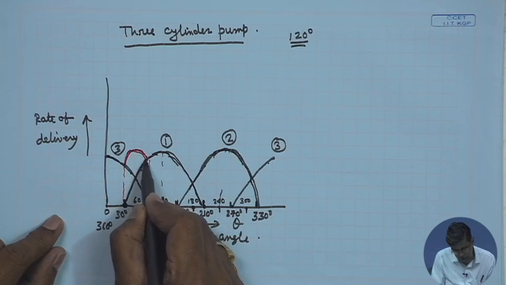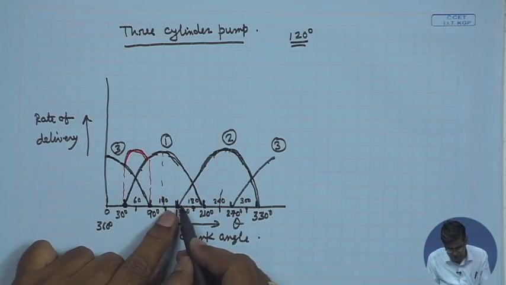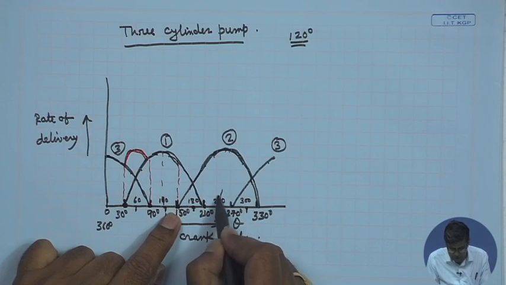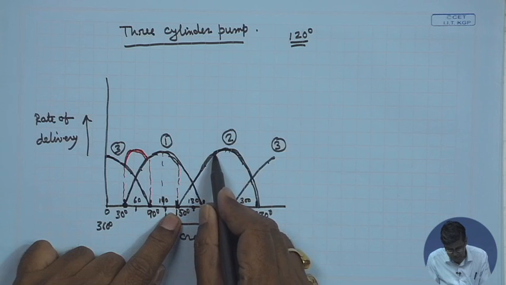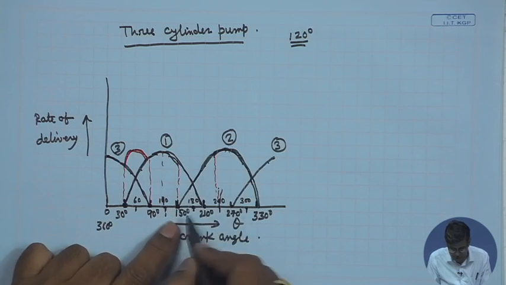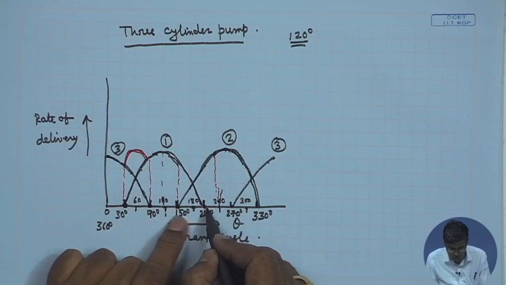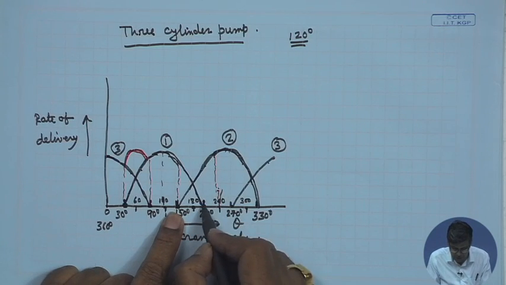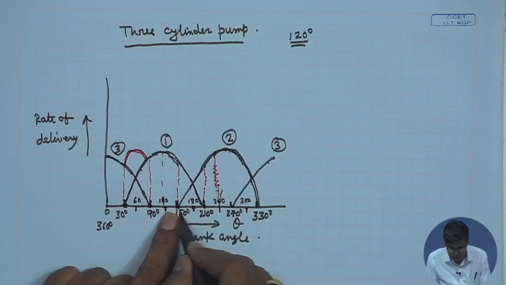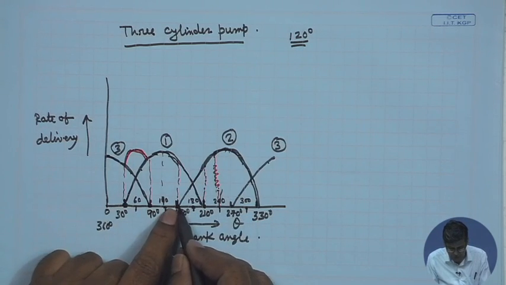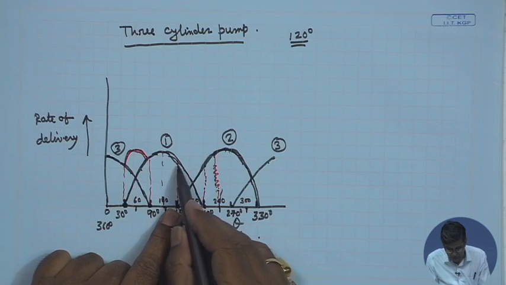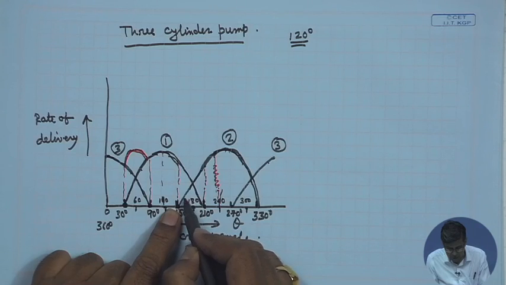Similarly, from 150° to 210° there is an overlap, the scaling is also not that good. After 150, up to 210, there is an overlap between the discharge of 1 and the discharge of 2.